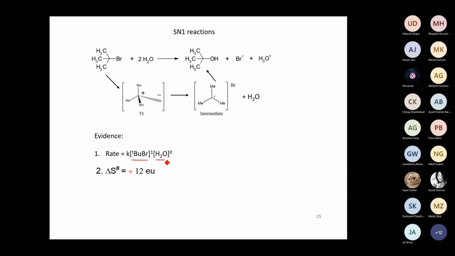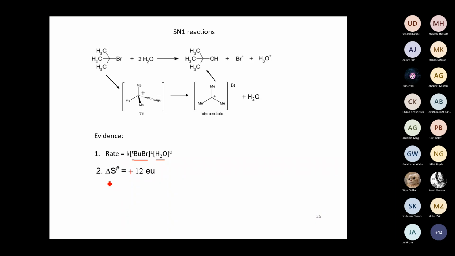So maybe the formation of carbocation is happening, but it is not sure. The rate law cannot tell whether carbocation is forming in the rate determining step or not. It is supporting the first step, so you have to do multiple experiments to establish the mechanism.